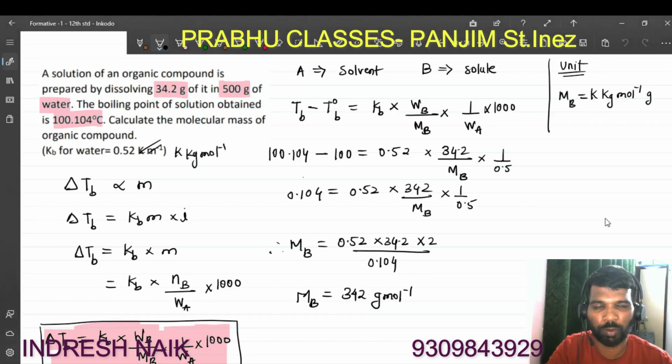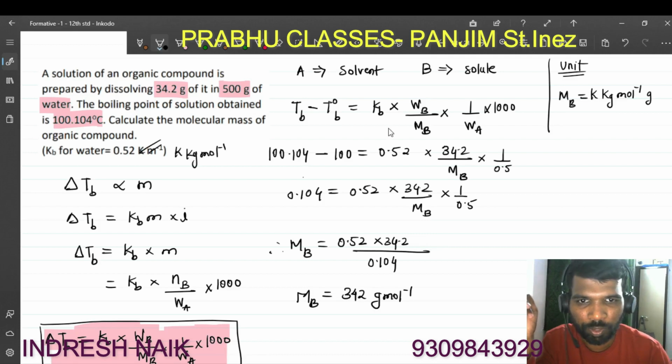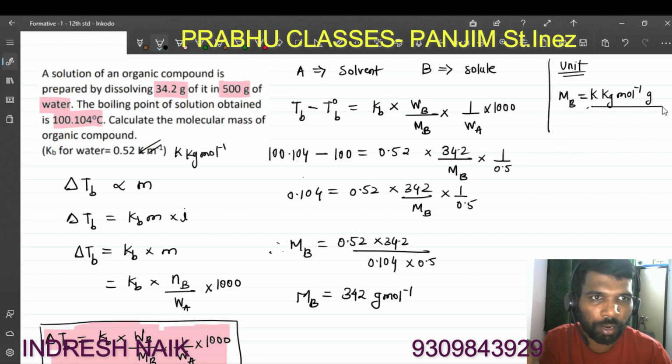I was here, something network problem happened in between. I have explained this over here. This is 0.5 kg, so instead of writing this 2, I will write 0.5 kg. So this is Kelvin kilograms per mole, 34.2 is gram, and down it is 0.104, so it is degrees Celsius.